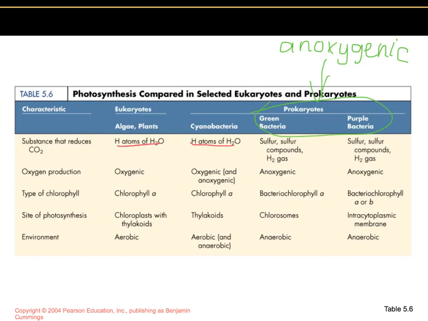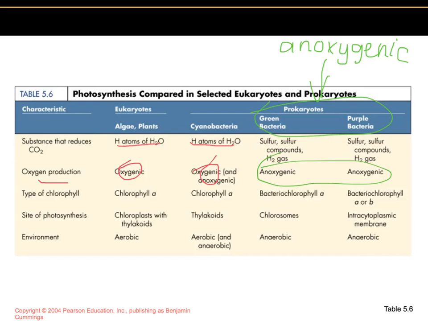Cyanobacteria does the same thing because those are oxygenic. But in prokaryotes, the reduction power basically comes from sulfur compounds or sulfur. You can also see that the oxygen production, eukaryotes are oxygenic, cyanobacteria oxygenic, but anoxygenic for green and purple bacteria.